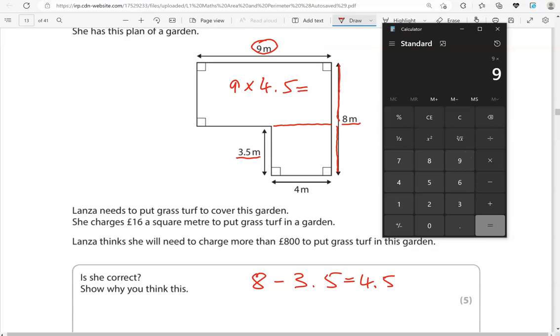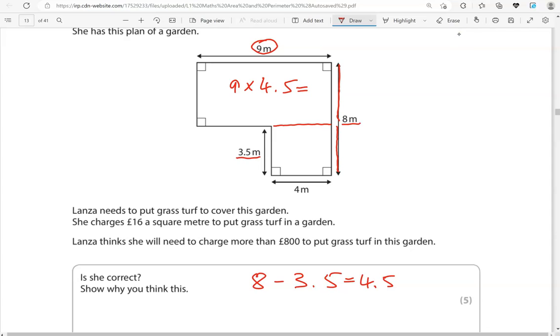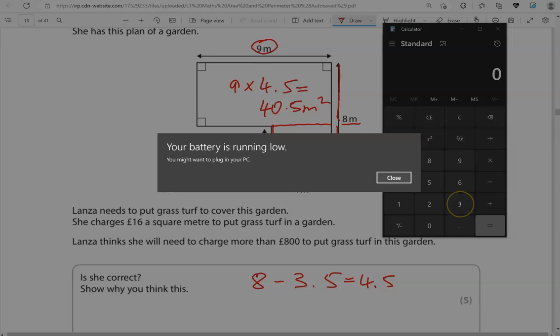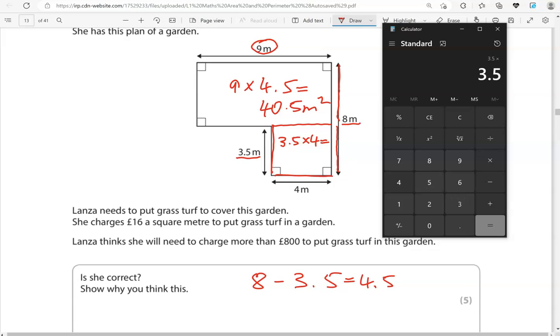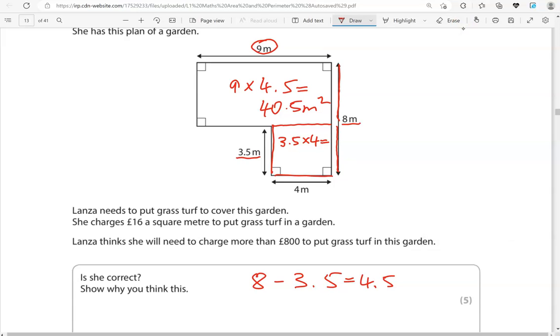So 9 times 4.5 gives us 40.5 square meters. Now the area of the smaller rectangle, that is 3.5 times 4, which is 14.